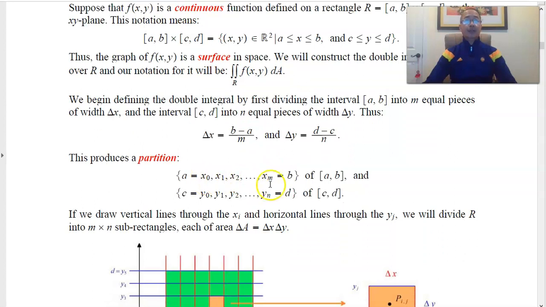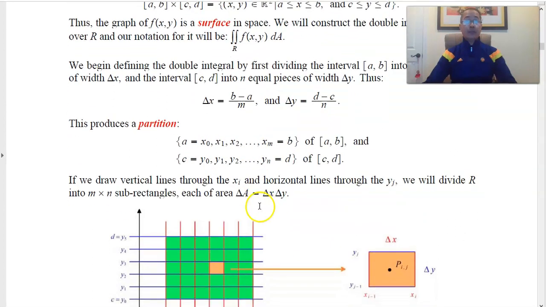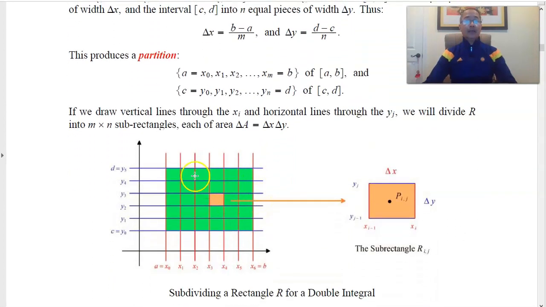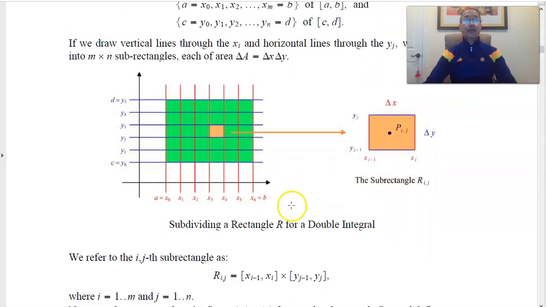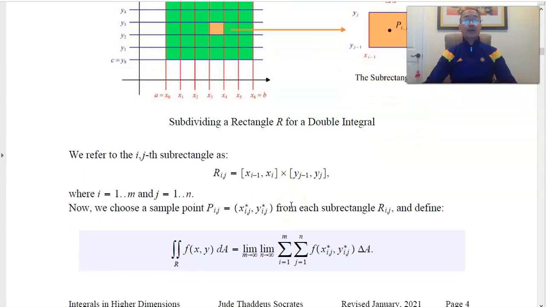So we have a partition along the x-axis, a partition along the y-axis, and we get these subrectangles. And within each of these subrectangles, we pick a representative point, Pij, and that is the point that we use to compute our function, f of x, y. And there it is, we have a double limit of a double sum, and that is our function evaluated at the representative point.